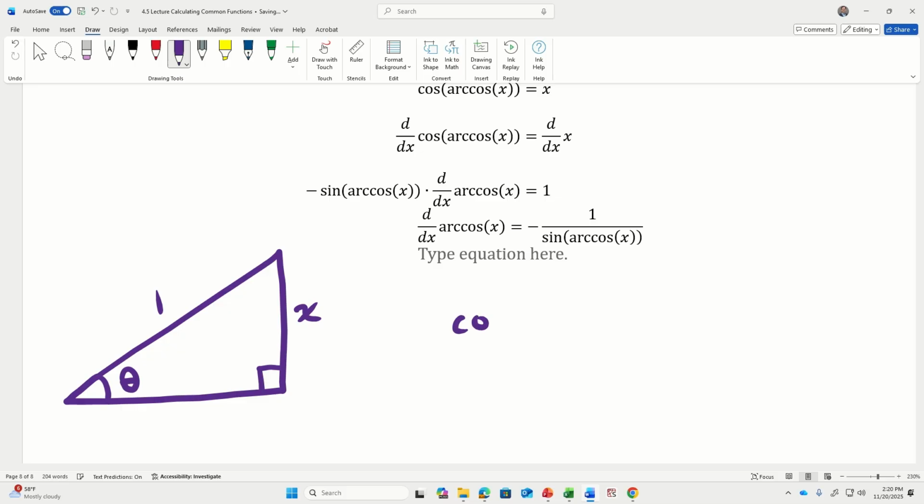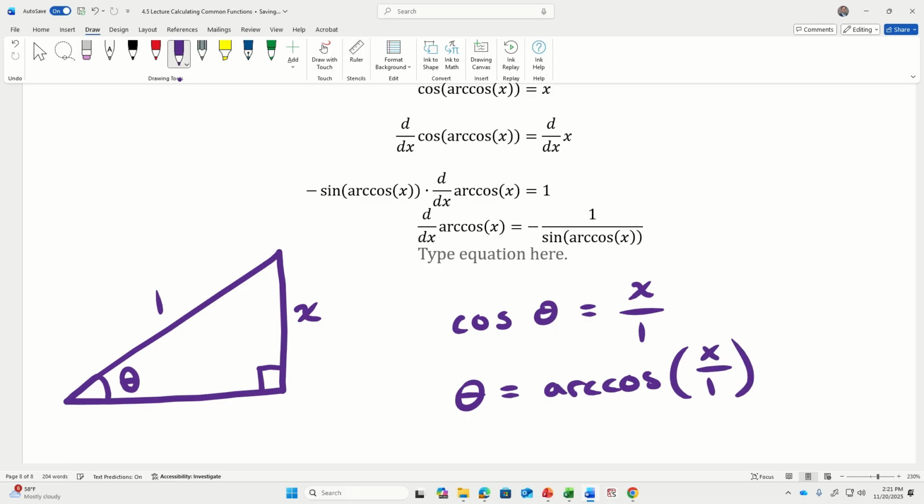That way I can write cosine of theta is equal to x divided by 1, and that way I can write theta is equal to arc cosine of x divided by 1, right? That's how my inverse functions work.